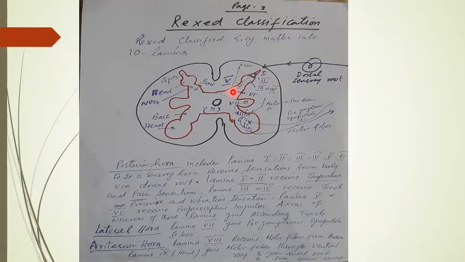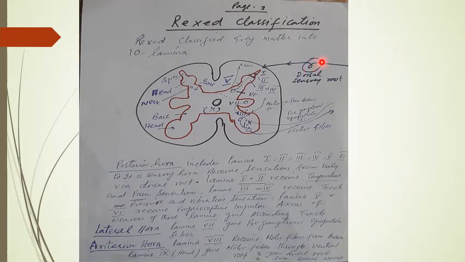Out of 10, there are 6 laminae, or 6 groups of nuclei, present in the posterior horn, confined to the posterior horn. The posterior horn as a whole is sensory, that receives sensory impulses. From where? From the dorsal root ganglia.